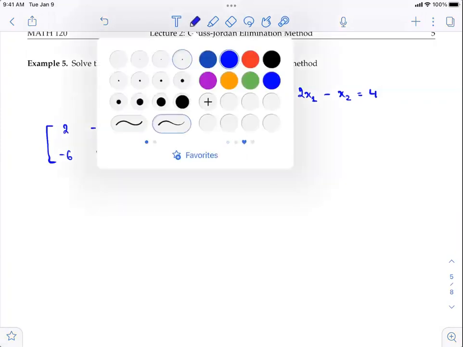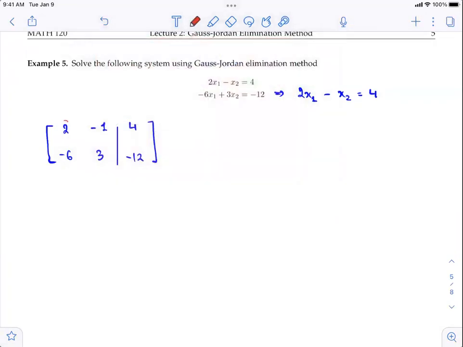All right, so for the first row, I need the leading one here, so I need 1 here. To obtain that 1, what I do is multiply row 1 by 1/2 to create a new row 1.